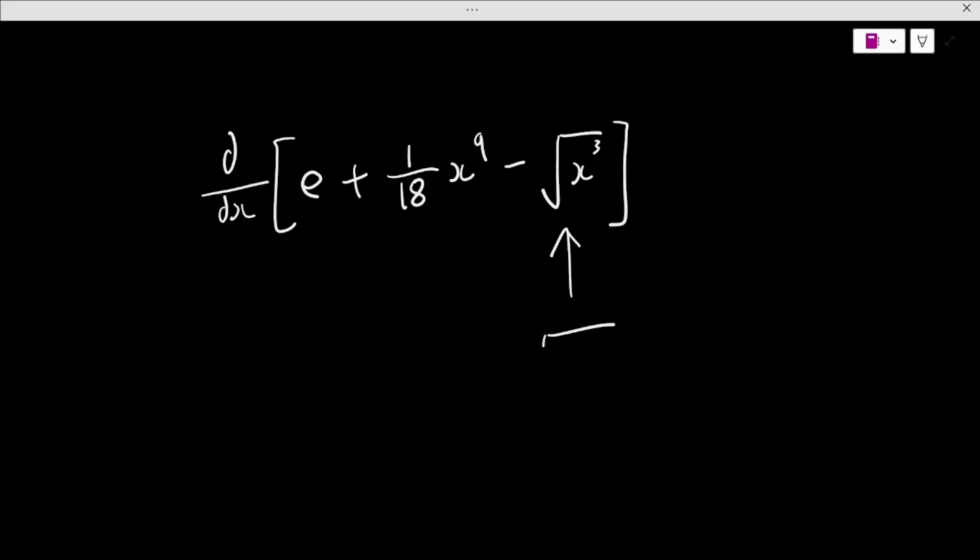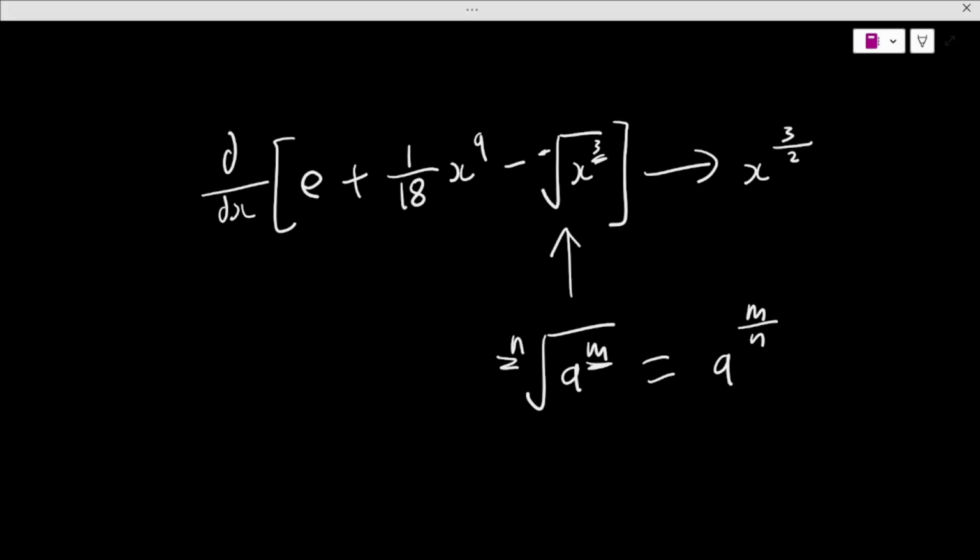If we have the square root of a to the m, or maybe the nth root of a to the m, this is going to be a to the m over n. So in this case, m is going to be 3, and n, in this case the square root, is 2.